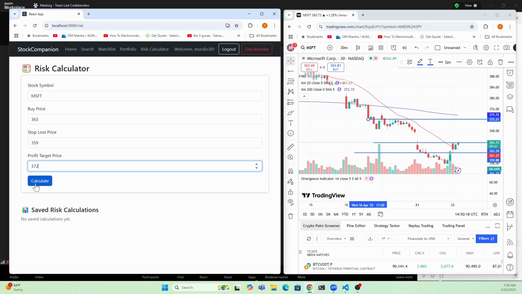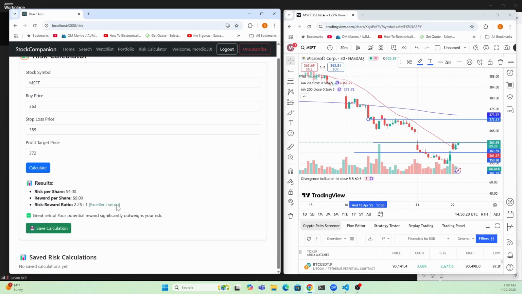Let's calculate our risk. So now you could see we have an excellent risk reward, which means for every loss we have, we're going to make twice as much if it goes our way. We're risking $4 per share, and if it goes our way, we're making up to $9 per share.